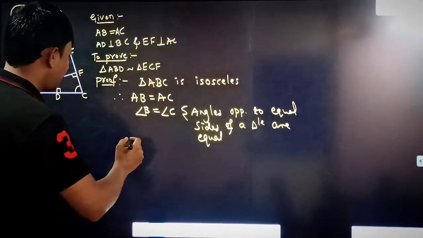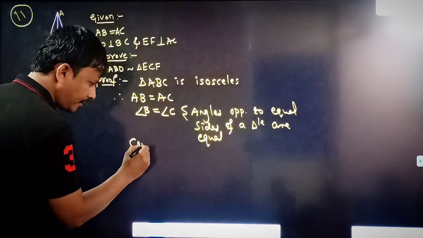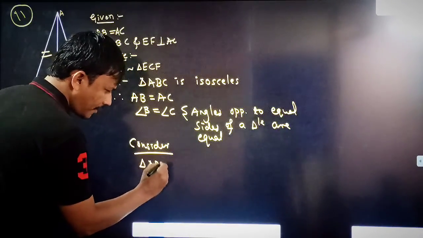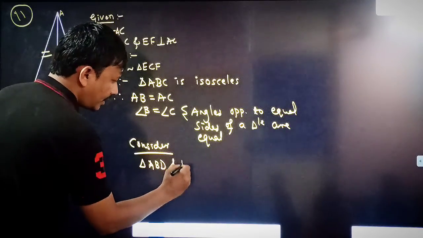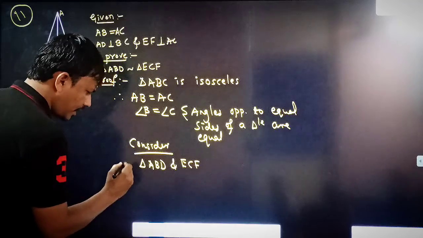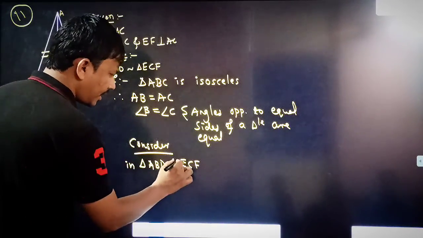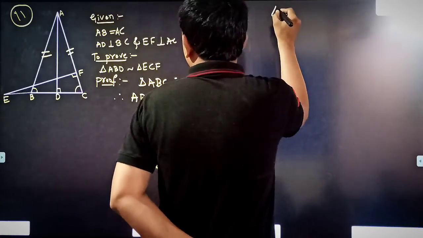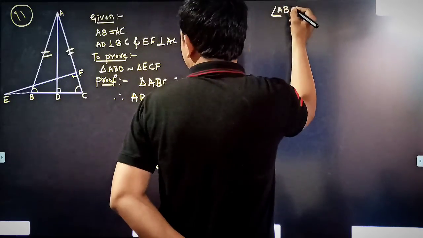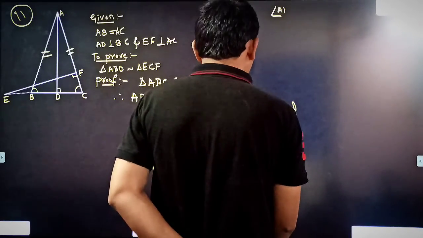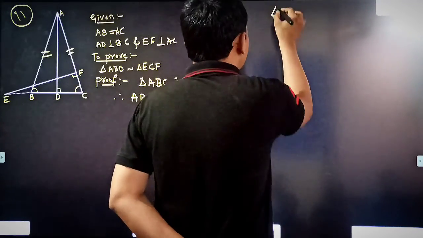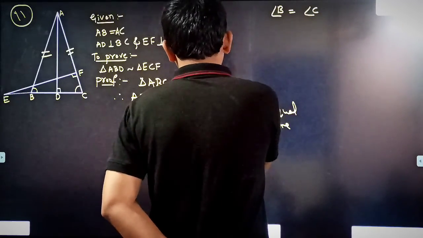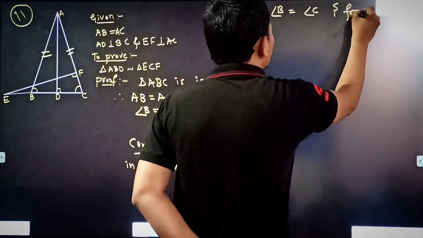Next, also consider triangle ABD and triangle ECF. In triangle ABD and triangle ECF, what all are equal here? Angle ABD, or angle B, is equal to angle C, already proven in equation number 1.